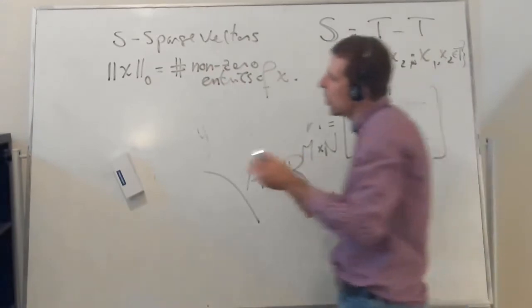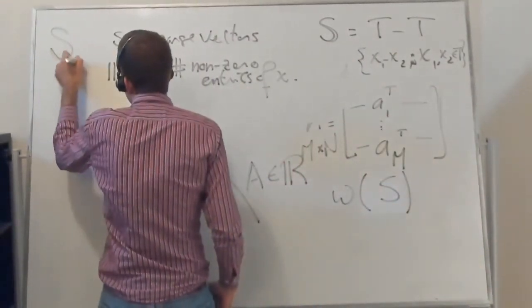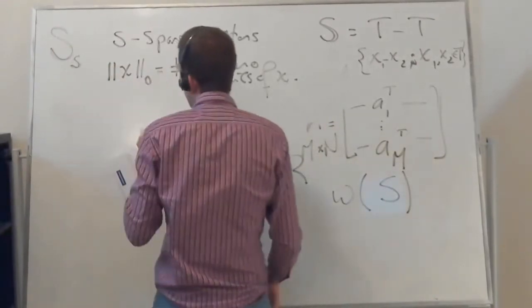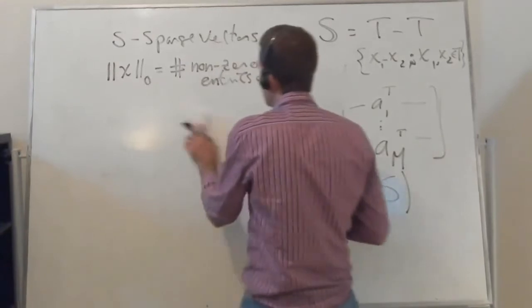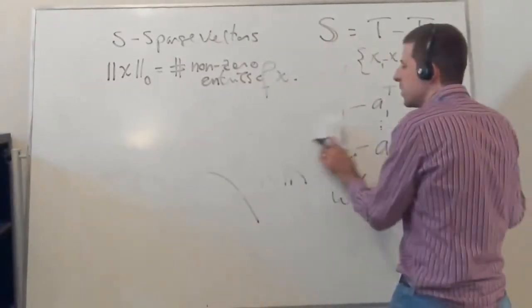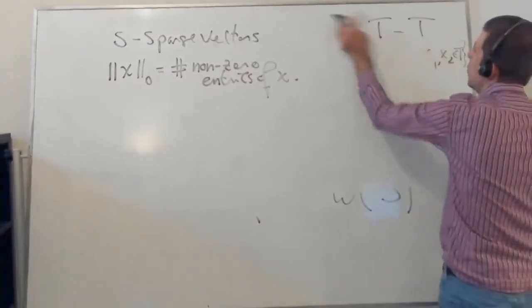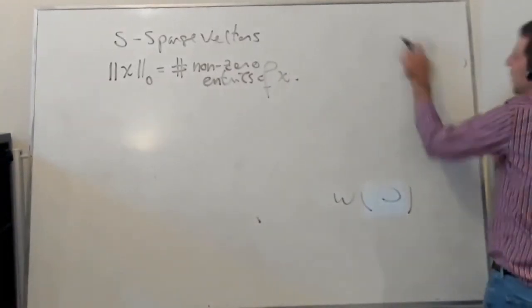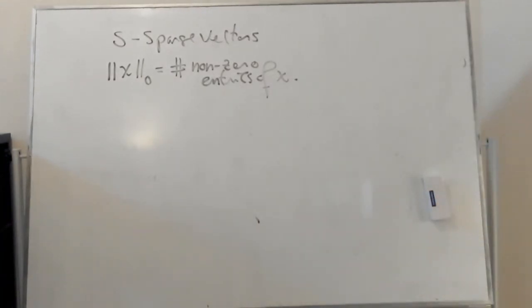We'll call this set S_S, the set of S sparse vectors that have norm 1. Let me define it here properly. Why isn't this really a norm? Because if I multiply a vector by 2, the number of non-zero entries stays the same, while a real norm, if you multiply by 2, should also multiply by 2.